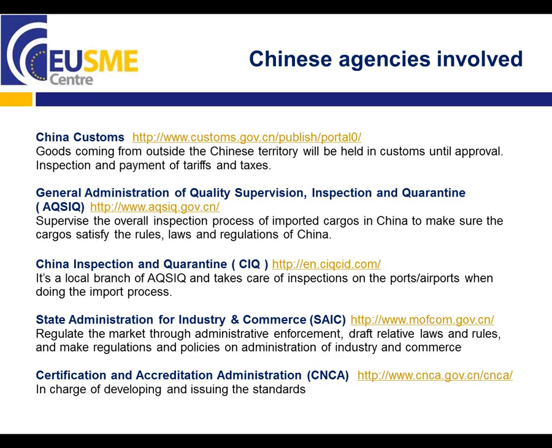The China Inspection and Quarantine is the local branch of the previous one, and then for some industry and commerce standards, we have ICEX, and we also have for the standards the CNCA. Okay. So customs and AQSIQ are the ones we will remember, and we will come back to this presentation if we need more information.